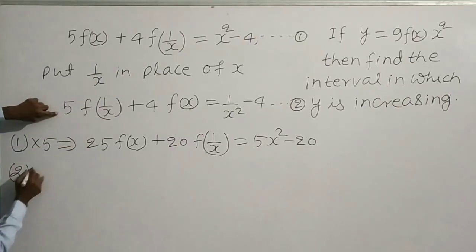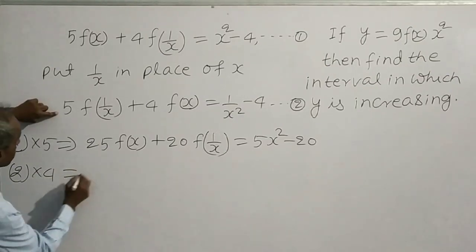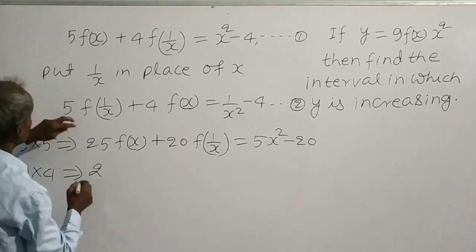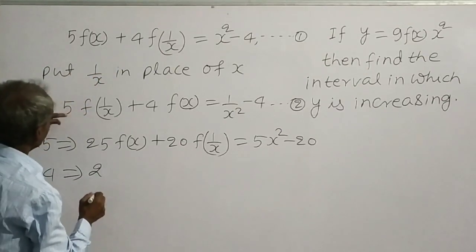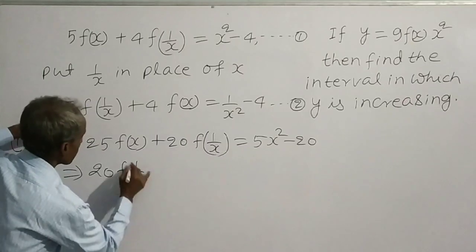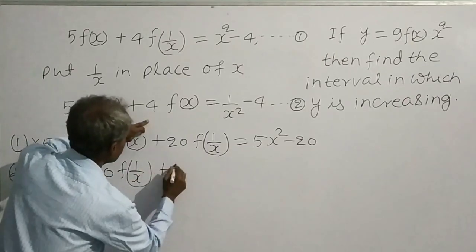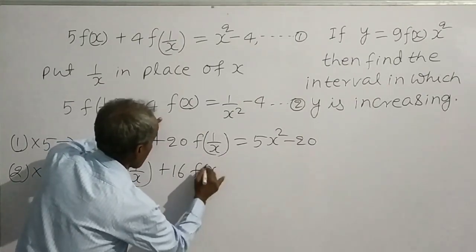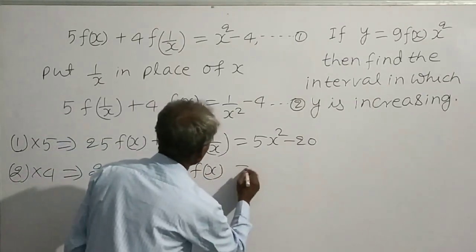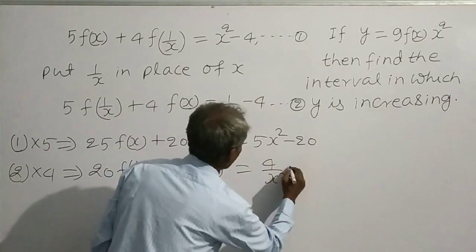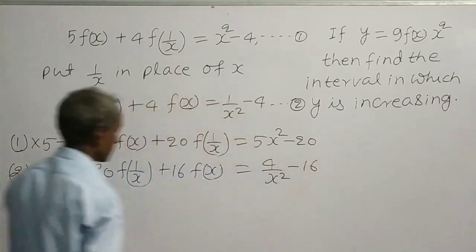Then 20f(1/x) plus 16f(x) is equal to 4/x² minus 16.